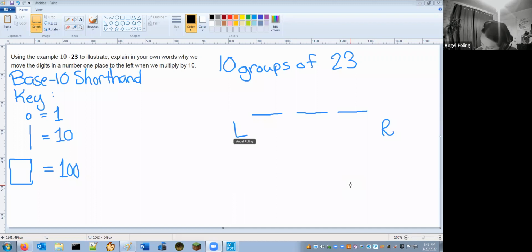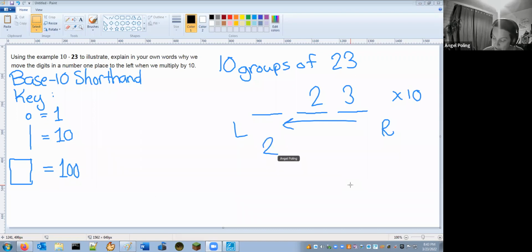When we have the 23 here and we multiply by 10, they're saying these digits move to the left, becoming 2, 3, and then a 0 here, right? So that's what they're asking us to show: how does 23 become 230 in a visual display?